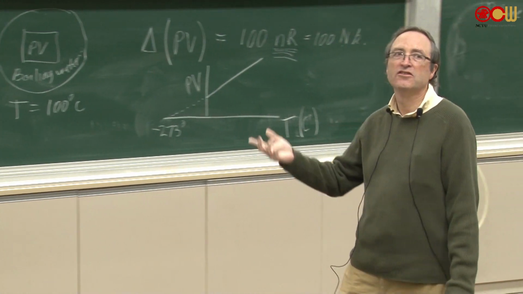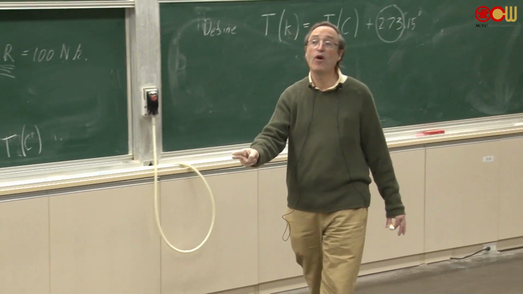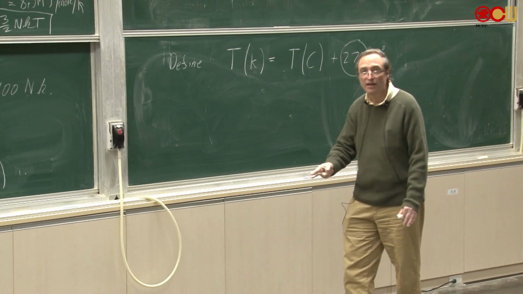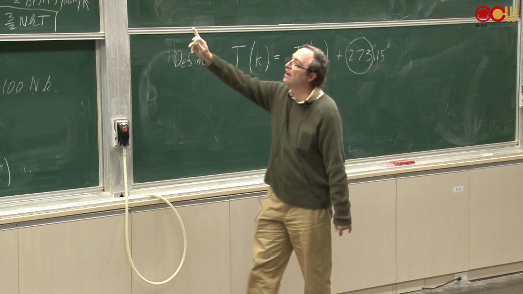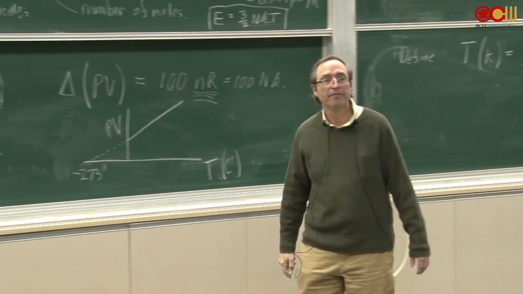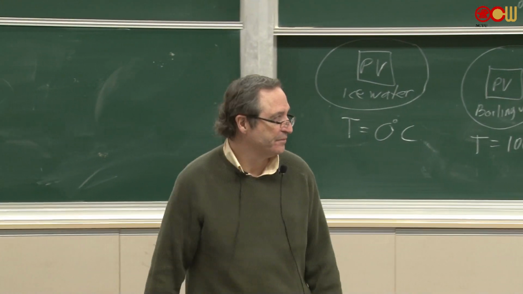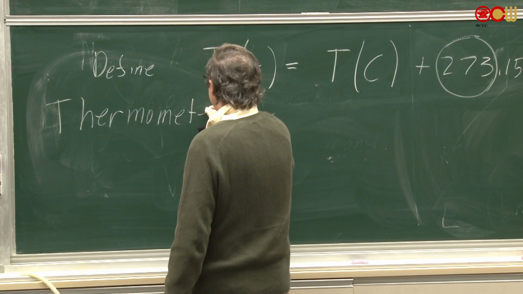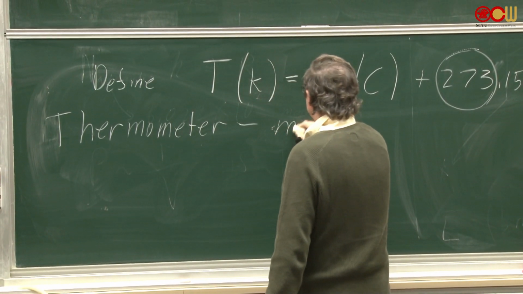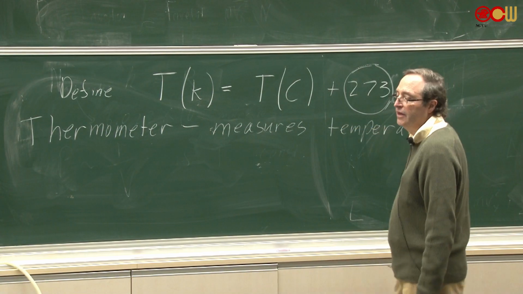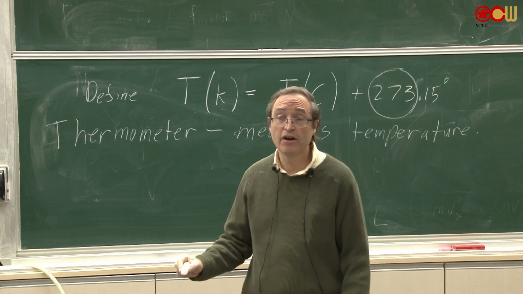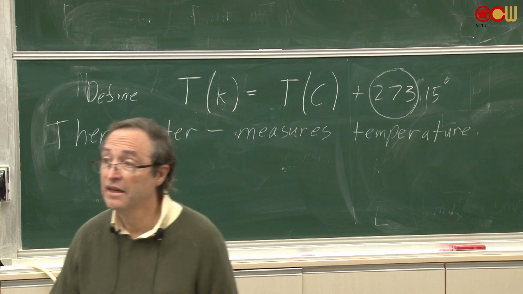That's 1 mole. So the number of particles in 12 grams of carbon is Avogadro's number. That's the number of atoms in that mole. So what is a thermometer? Here's a thermometer, right, and it measures. The key idea of a thermometer is the following.